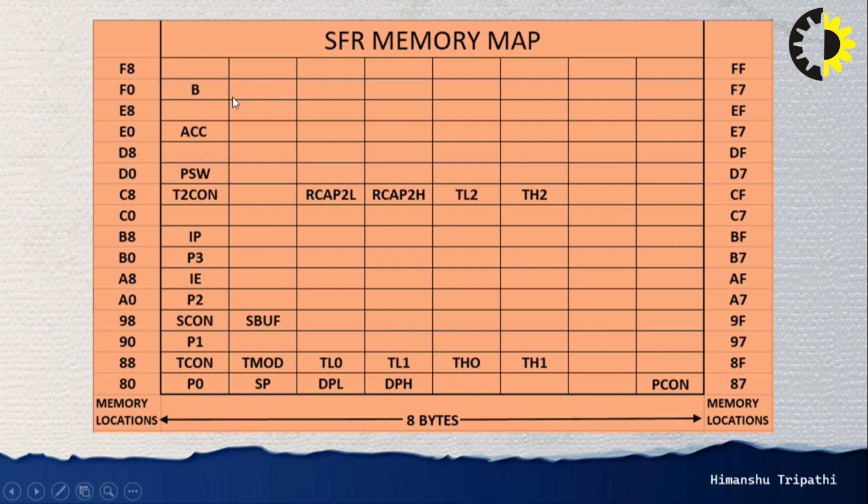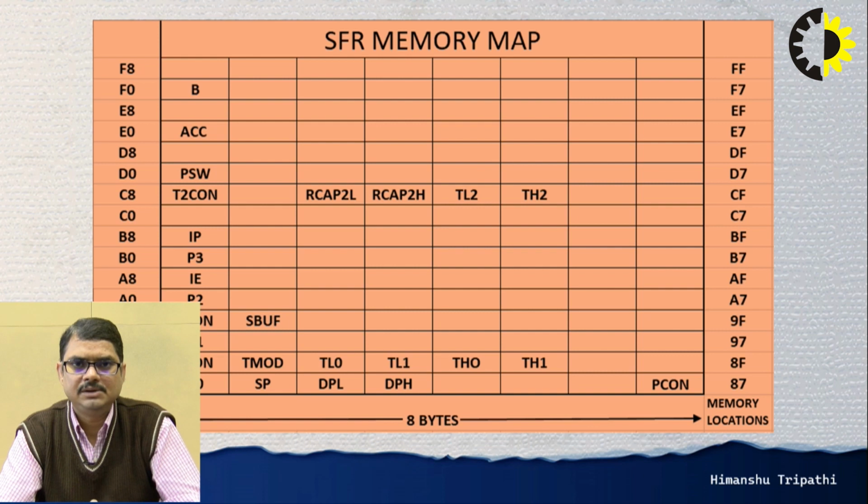Accumulator and register B are the two registers which we can use as general purpose registers. The accumulator is generally used as a general purpose register in any microcontroller, and register B has some specific uses like the multiplication and division instructions of the 8051.